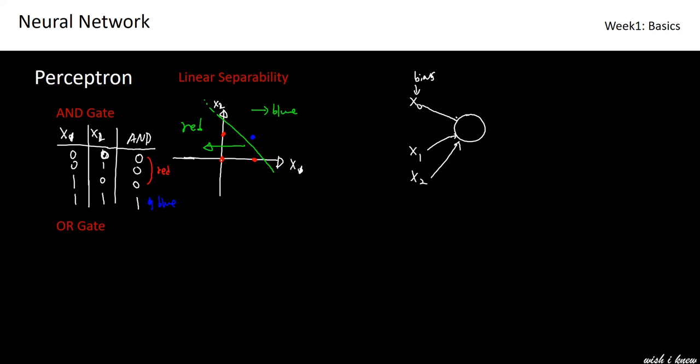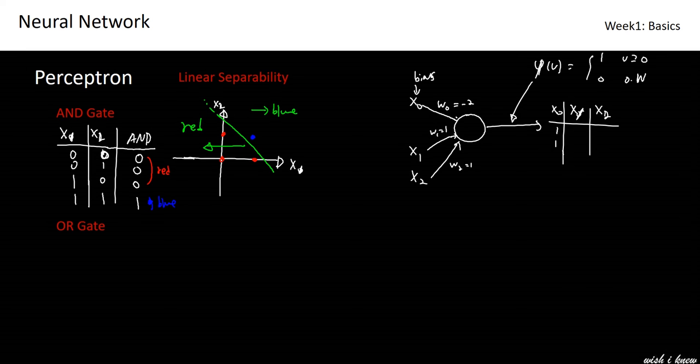Then if we set our weights so that weight 0 is -2, weight 1 is 1, and weight 2 is 1, and our activation function will be simple like this, then that's it. So let's check. When x0, x1 and x2 are there, our x0 is always 1 because it's the bias.